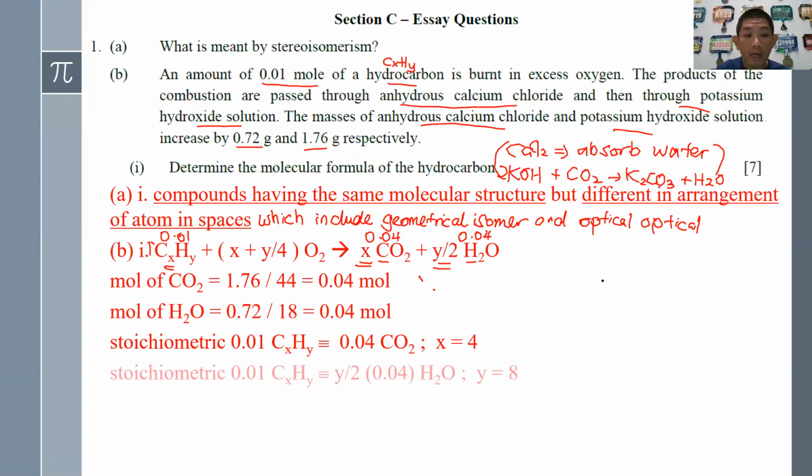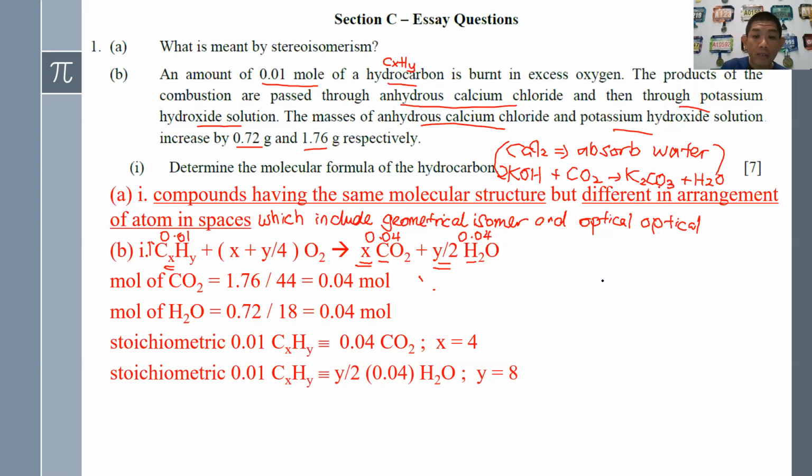For water, since 0.01 is to y over 2 times 0.04, y over 2 is equal to 4, therefore y is equal to 8. Okay, so that is how you can compare the number of moles to identify the possible hydrocarbon.